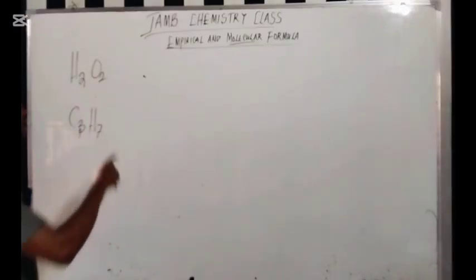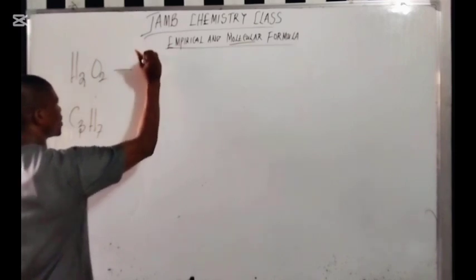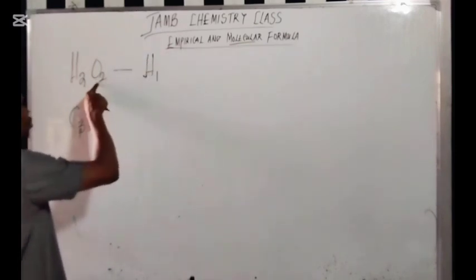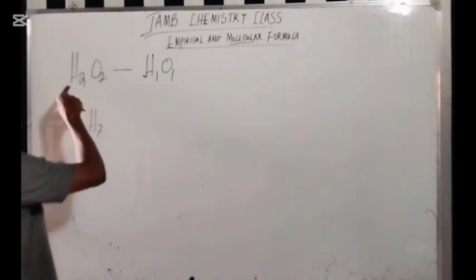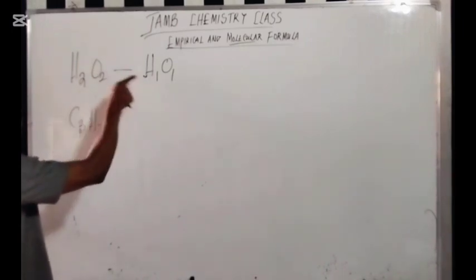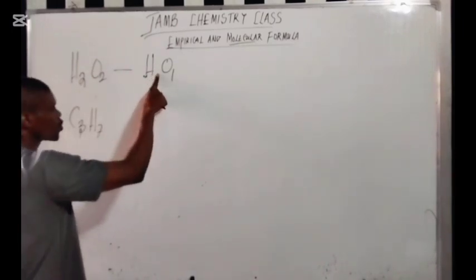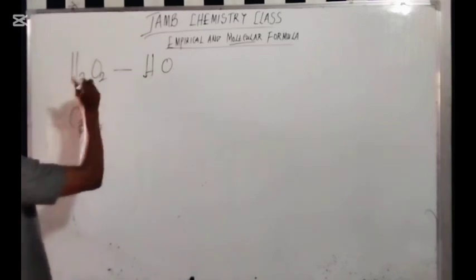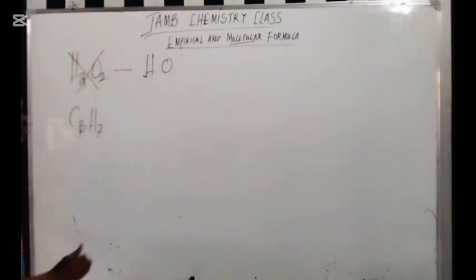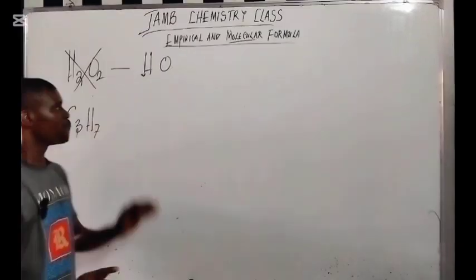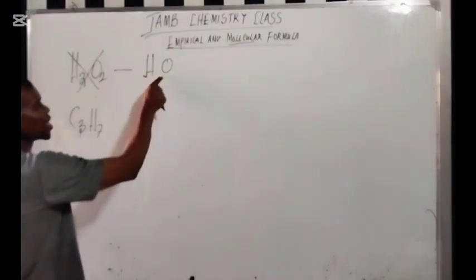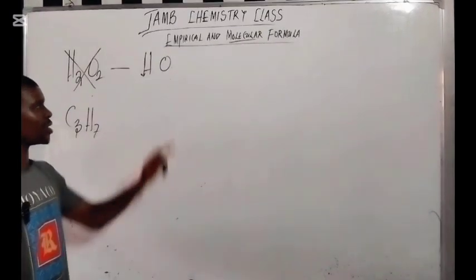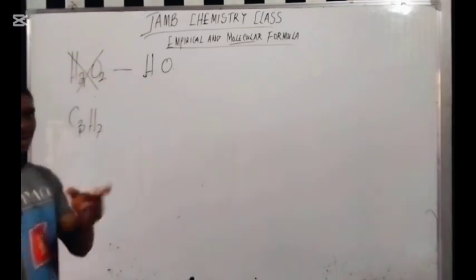If 2 goes into this one, we get H1, and if 2 goes into this one, we get O1. Because this can be further simplified, I can remove this one. So H2O2 is not the empirical formula, because it is not the simplest whole number ratio. This, HO, is the empirical formula of this compound.